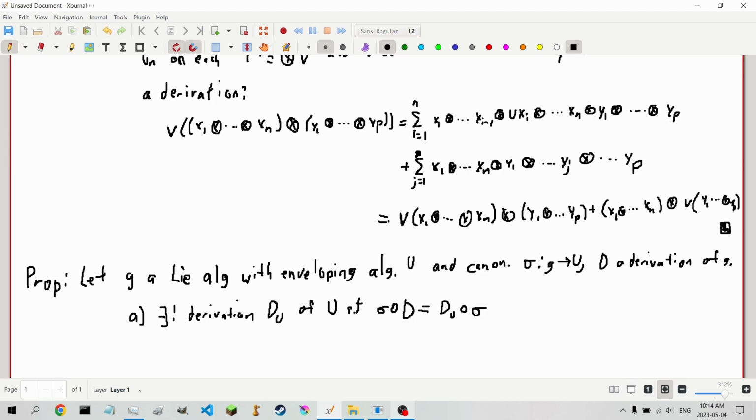And keep in mind, as I said before, we can identify G with a submodule of U. So it's essentially, once again, saying that the restriction of du to G is equal to our original D under that identification.